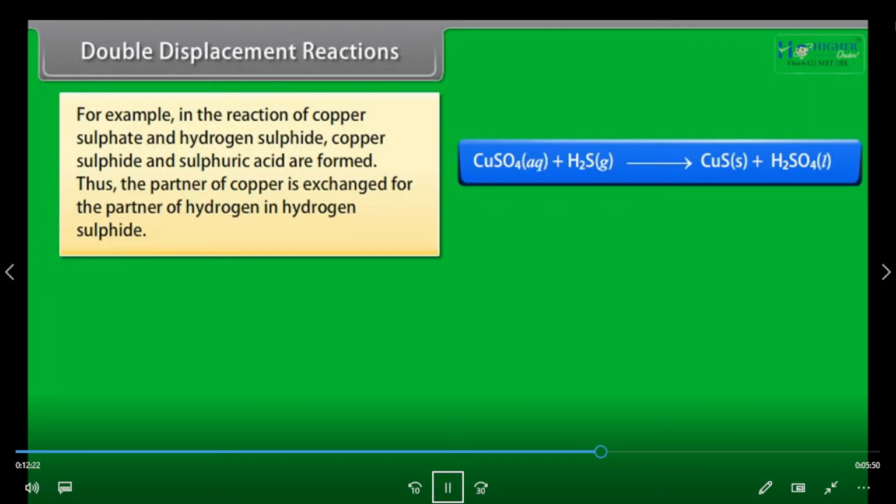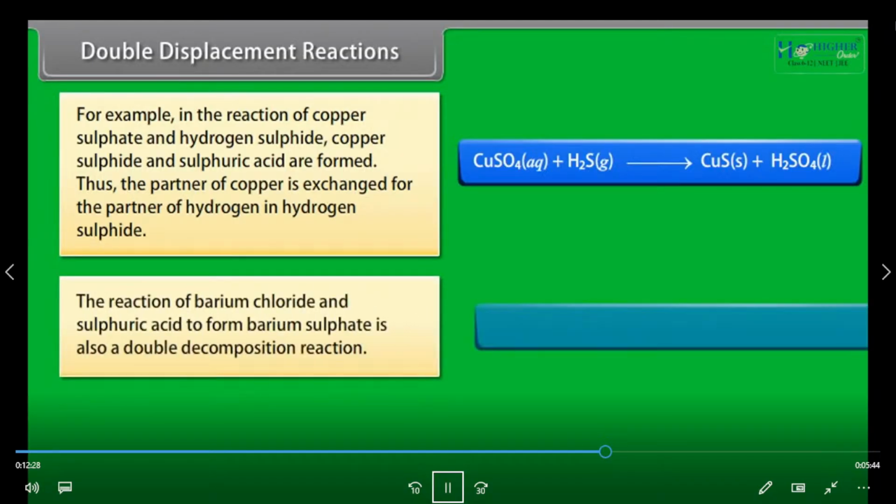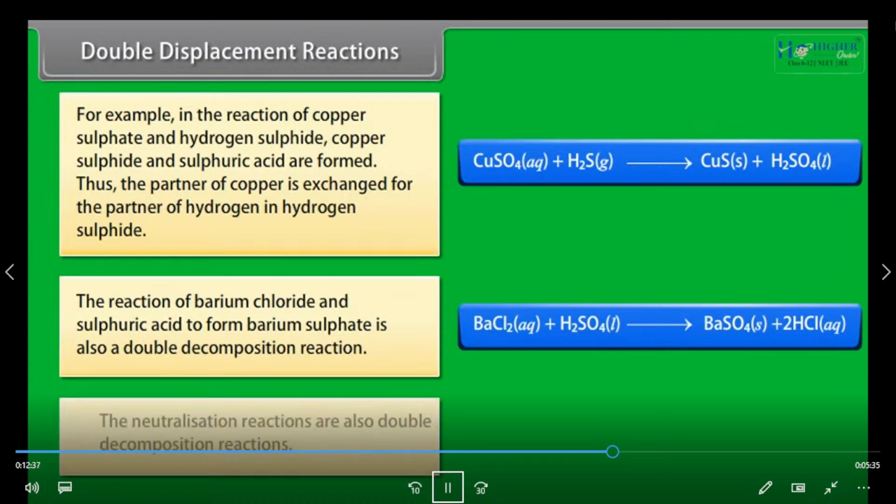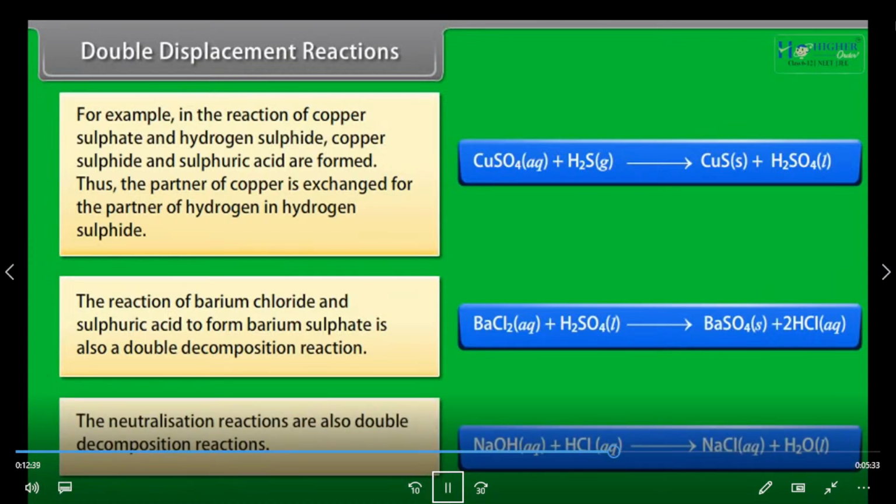Thus, the partner of copper is exchanged for the partner of hydrogen in hydrogen sulfide. The reaction of barium chloride and sulfuric acid to form barium sulfate is also a double displacement reaction. The neutralization reactions are also double displacement reactions.